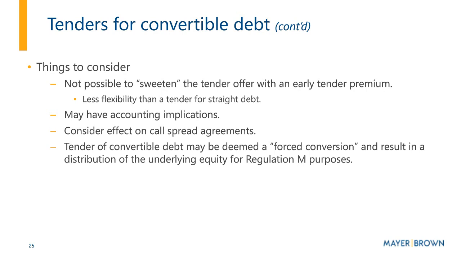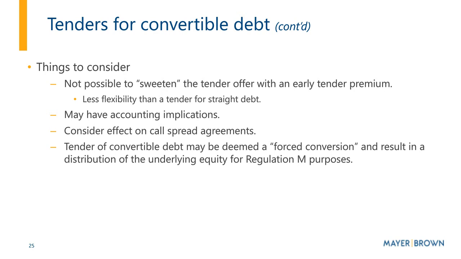Any issuer who has entered into such a transaction should confirm that a tender offer would not allow the counterparty to revise the terms of the transaction or change the economics or tax treatment it's expecting. As noted above, a tender for convertible debt may be deemed a forced conversion and result in a distribution of the underlying equity for Regulation M purposes.